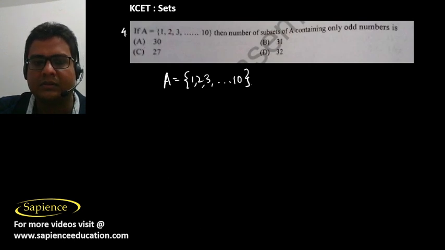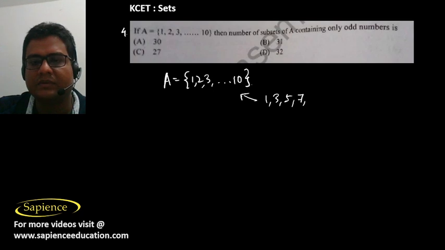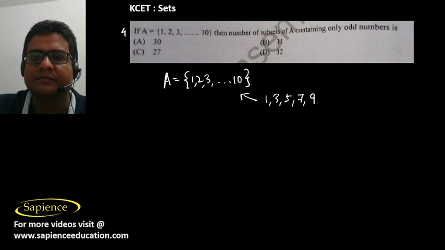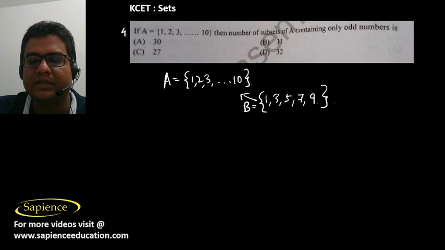So here the set of odd numbers from the set A is 1, 3, 5, 7 and 9. So let us take the set B as 1, 3, 5, 7, 9. So this set B contains all the odd numbers from the set A.